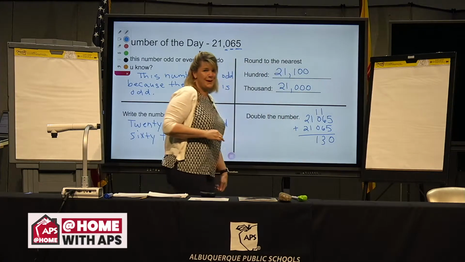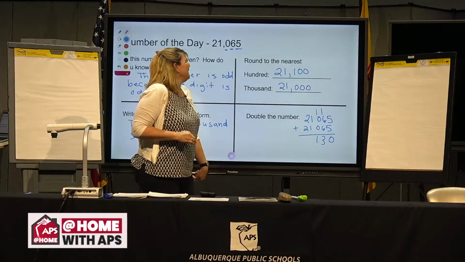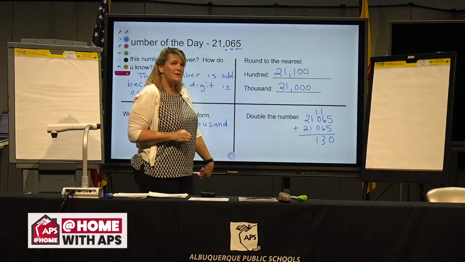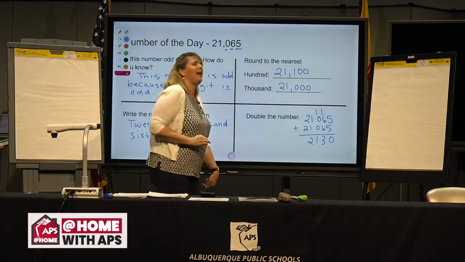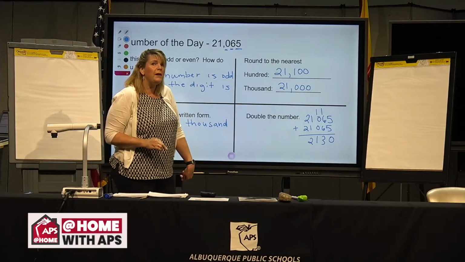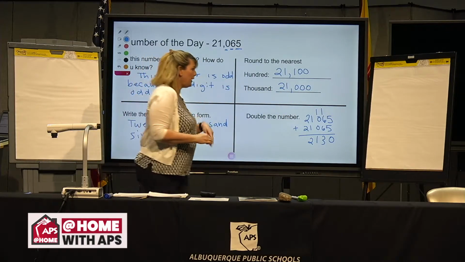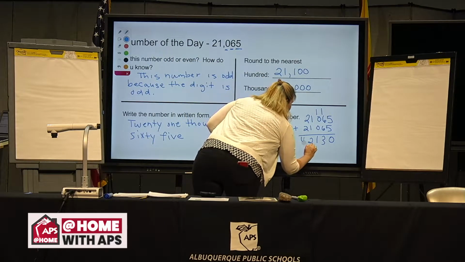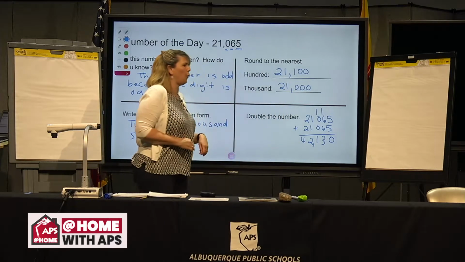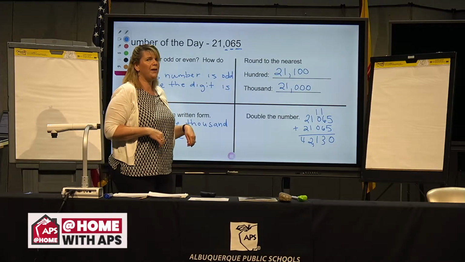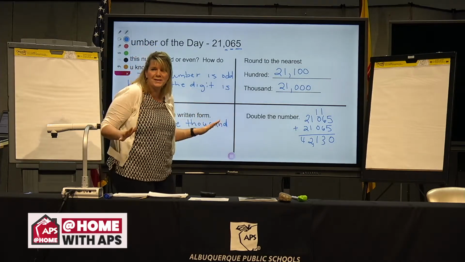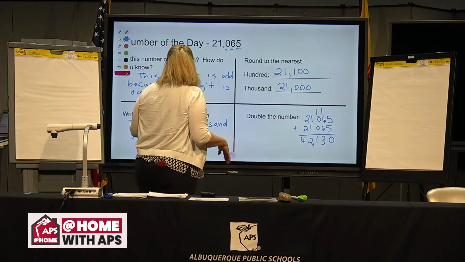Great, and we have the space for that. What about 1,000 and 1,000? 2,000, and finally, 20,000 and 20,000. 40,000. All right, let's read this number when we double it. 42,130. Wasn't that fun? Oh, I'm so excited about doing that.